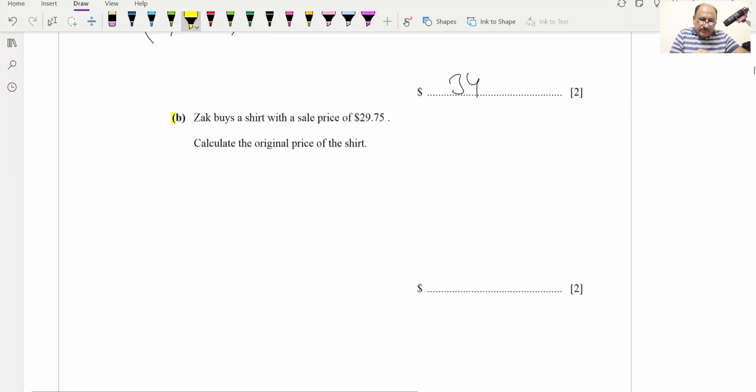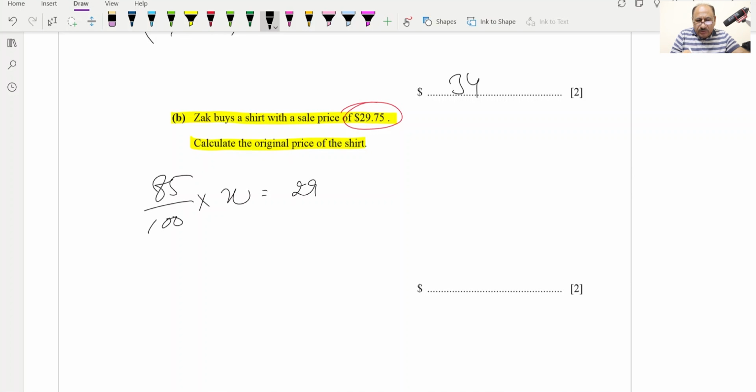Then the b part: Zak buys a shirt with a sale price of $29.75. This is the sale price, and calculate the original price of the shirt. So we can directly find 85% of x is equal to 29.75. This is the reduced price, so the original price we have to find. This is a reverse percentage question.